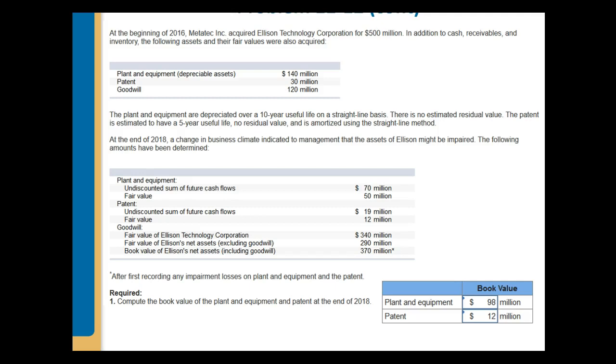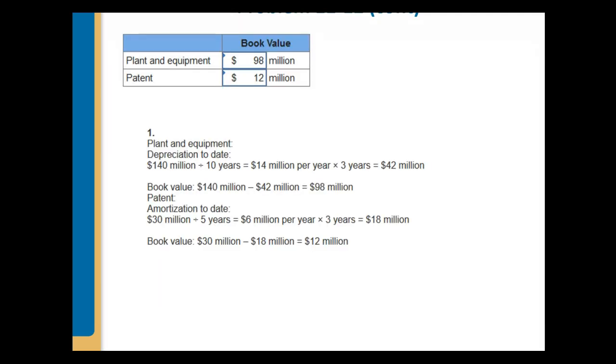The patent should be a book value of 12. Basically here, we're going to figure out the depreciation to date on the plant and equipment.